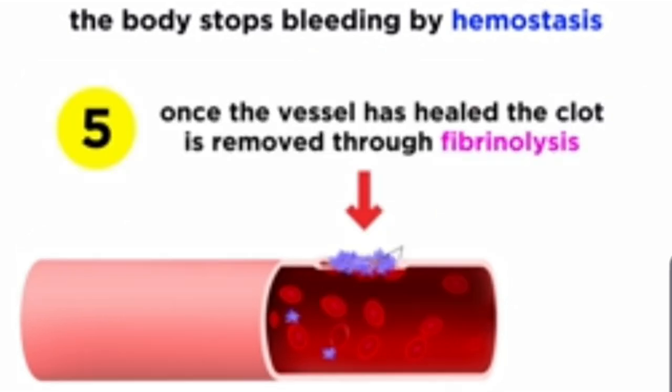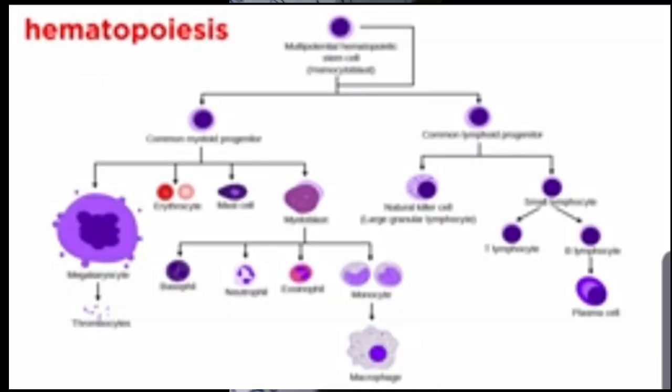Once the vessel has healed, the clot is removed through a process called fibrinolysis, so that there is no blockage in the vessel. So these are the components of blood.